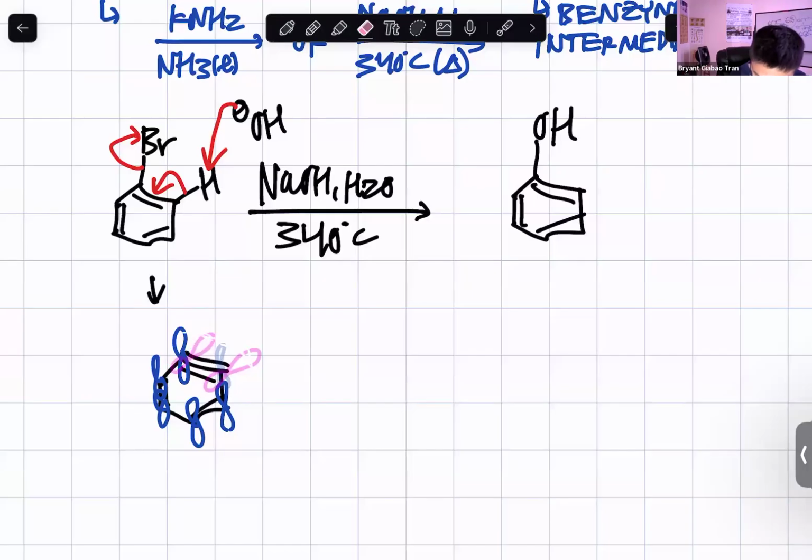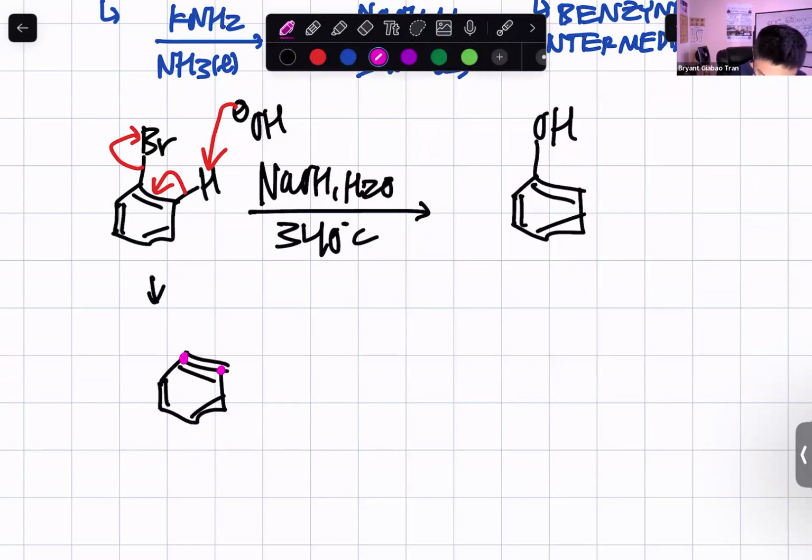So the reason why this benzyne intermediate is unstable is because the alkyne, the triple bond, prefers to be a 180-degree bond angle, but it is forced into this ring. So that makes these carbons strained, with high bond angle strain. So those are very reactive electrophilic carbons.